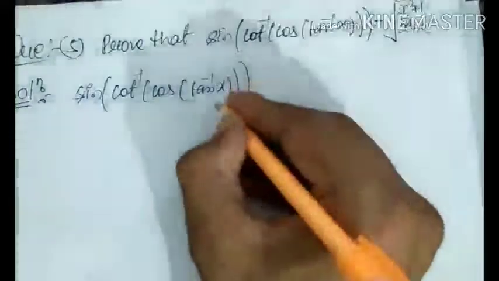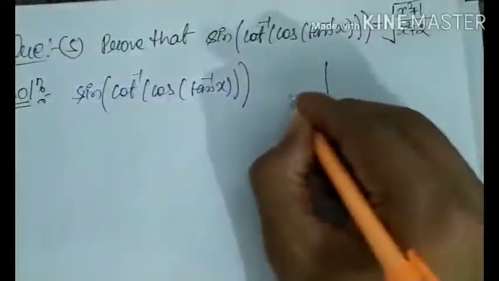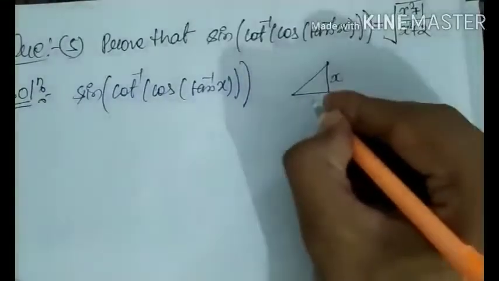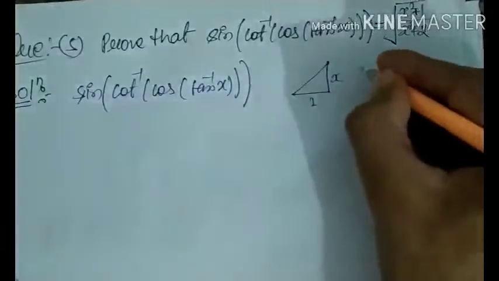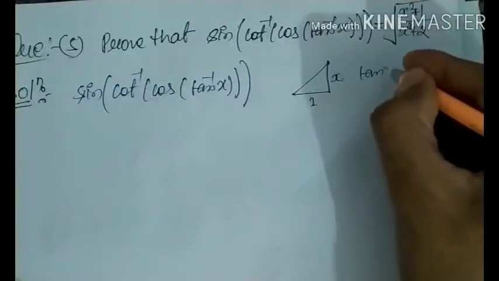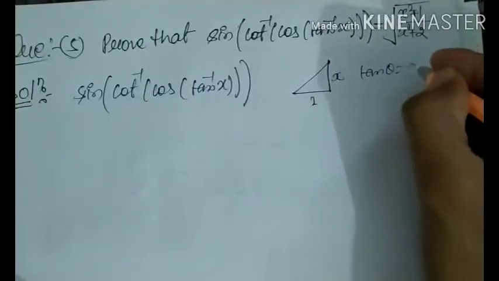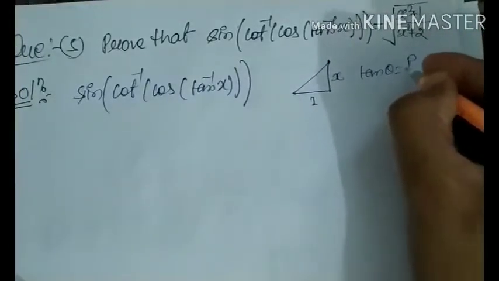I'm going to make a triangle for tan inverse x. This will be x and this will be 1, because tan inverse tan theta is perpendicular upon base.